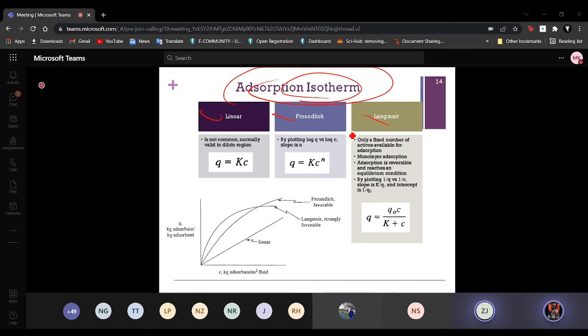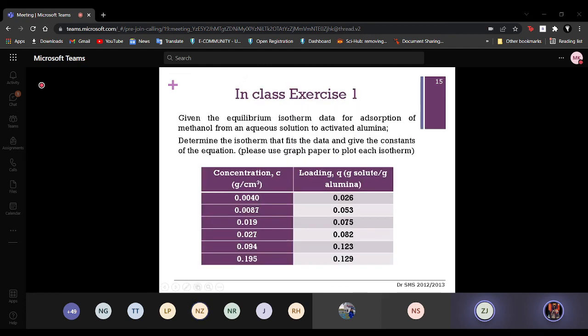But basically we have more than 3. We have a long list of isotherms, but in this class we only learn these 3. And please understand their equations and how you want to use them.